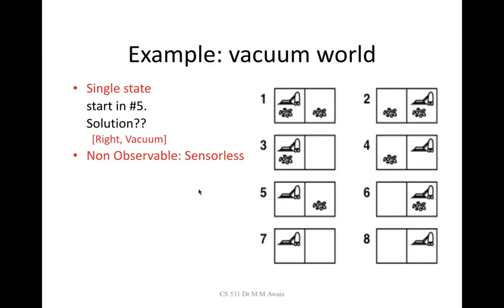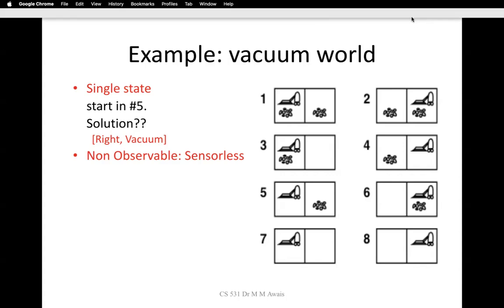Right, you are absolutely right. So you can think that both of the rooms are dirty, and you'll start cleaning both the rooms. Then you'll also assume that you are probably in either state 1 or state 2.